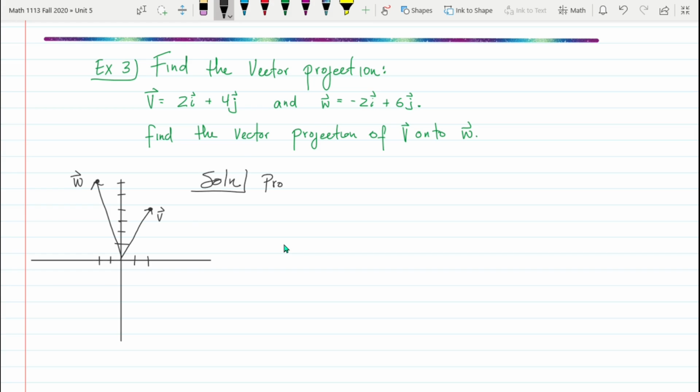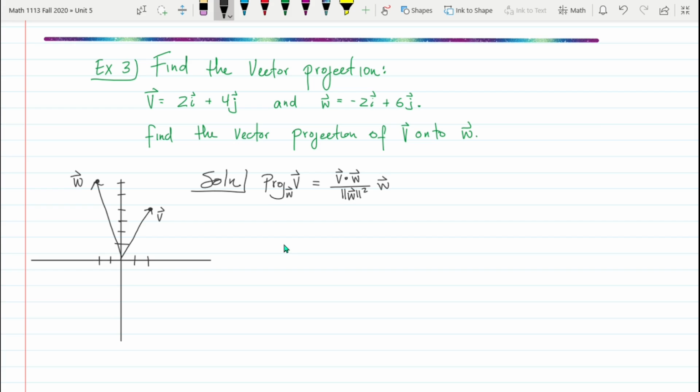So here's the solution, I guess. The projection of vector v onto vector w is going to be the dot product between the two, divided by the magnitude squared of w, times vector w.